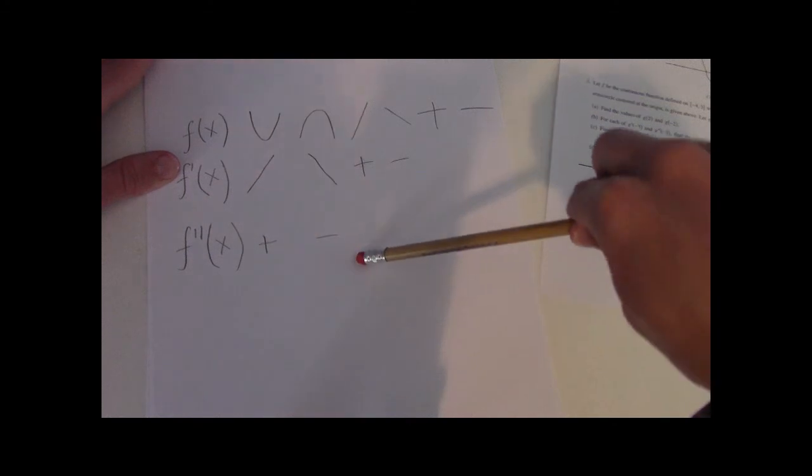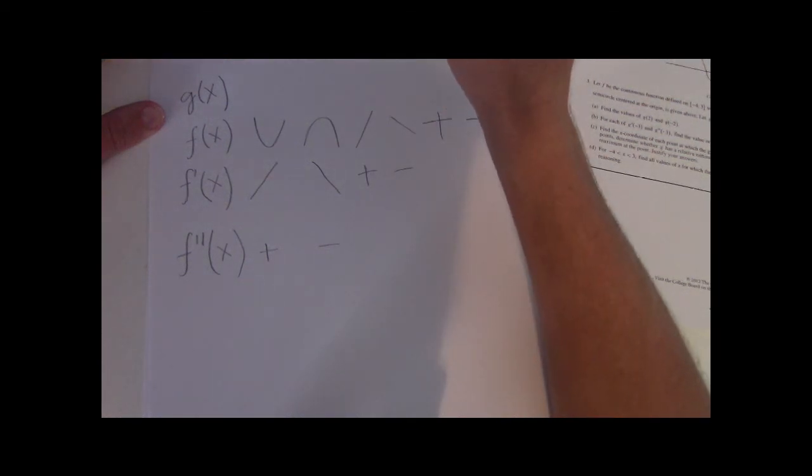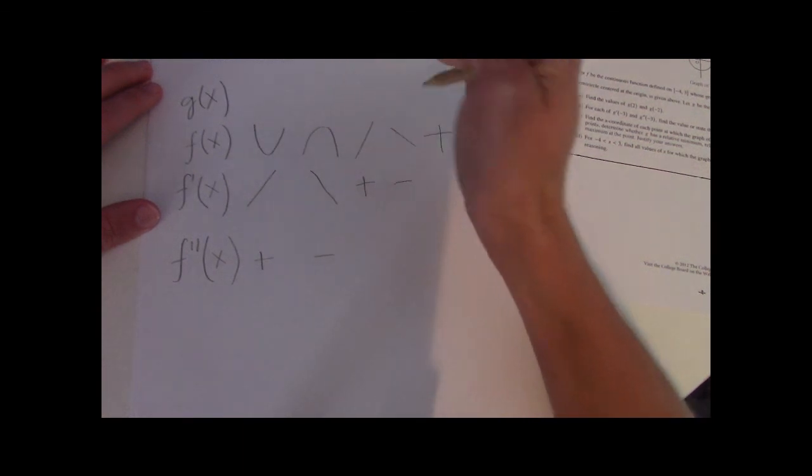And then there is a fourth element to the super fun chart. You have g of x, and g of x is defined as the integral of f of x. And since g of x is the integral of f of x, you can also think of it as the antiderivative to f of x.